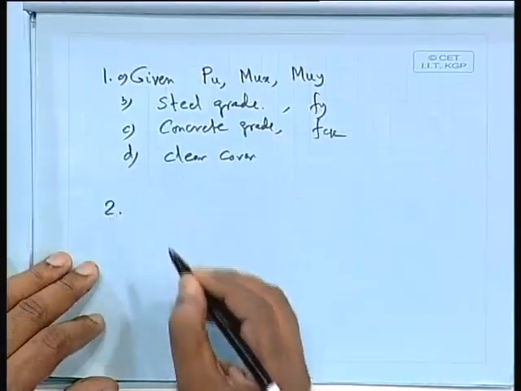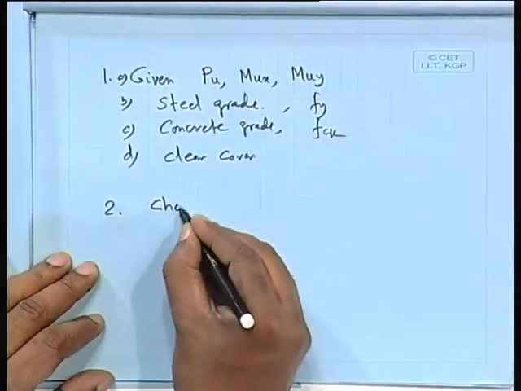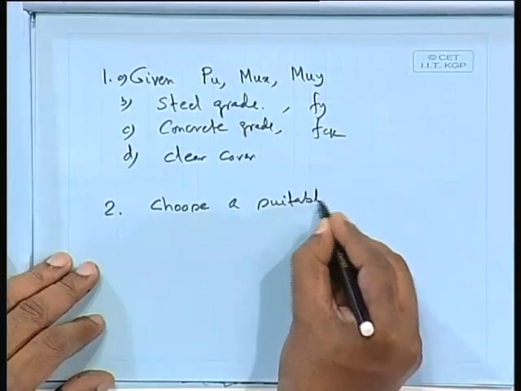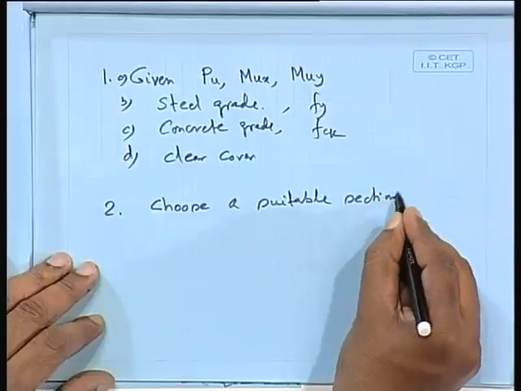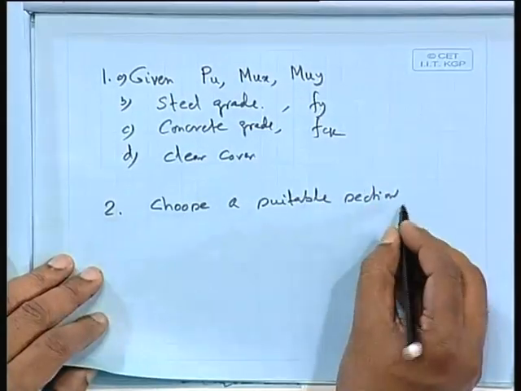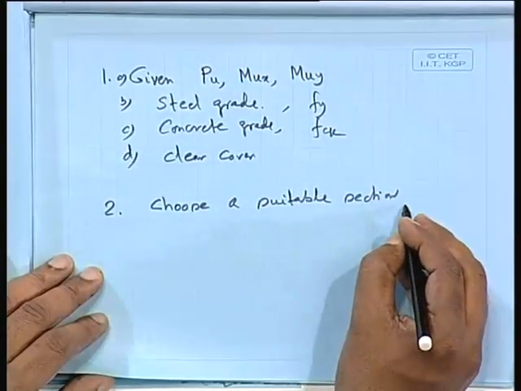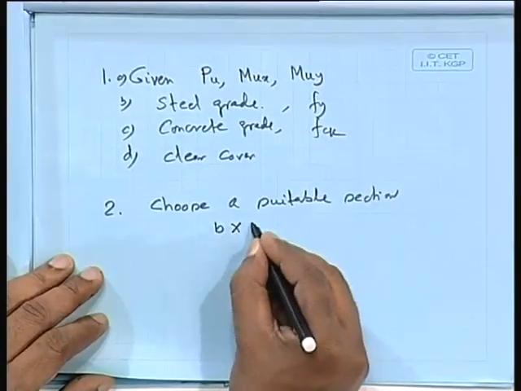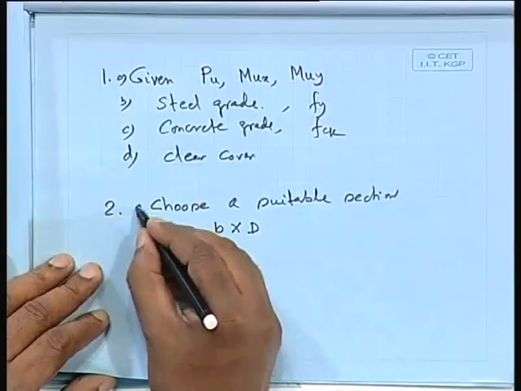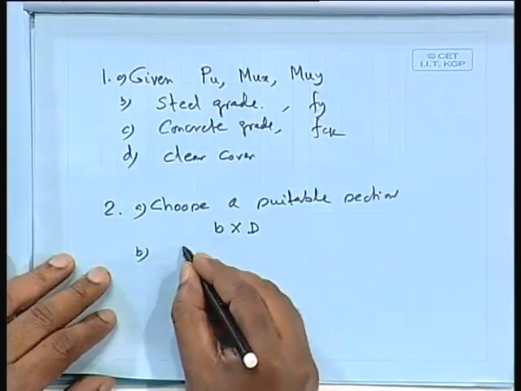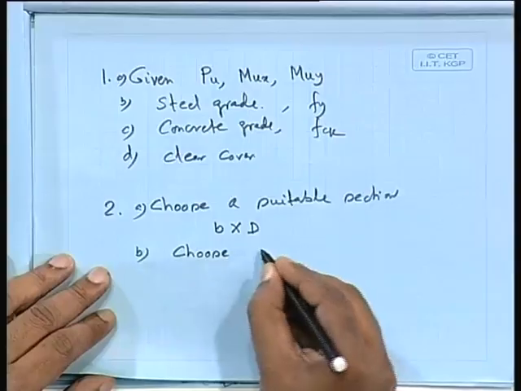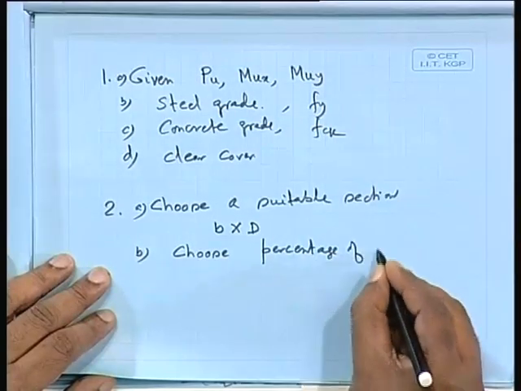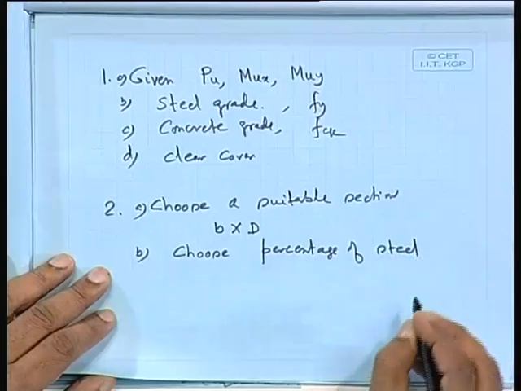Now, what we have to do, choose a suitable section, let us say B times D. Also choose the percentage of steel, that is say p.